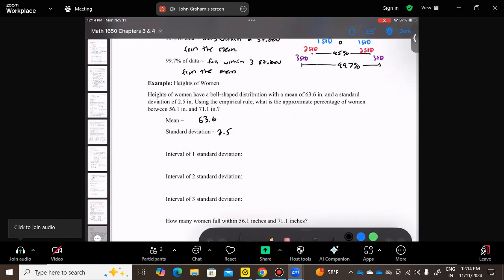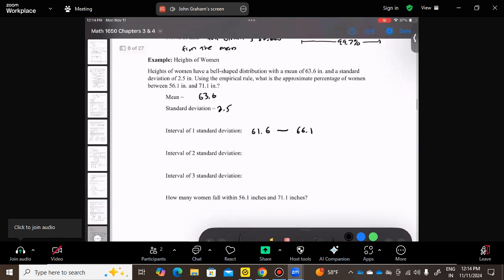So we'll be at 61.1 when we subtract 2.5, to 66.1. Then we're going to do it again. We're going to subtract 2.5 from 61.1 and we get 58.6, and add it to 66.1 and we get 68.6, and then do it one more time. We get 56.1 to 71.1.